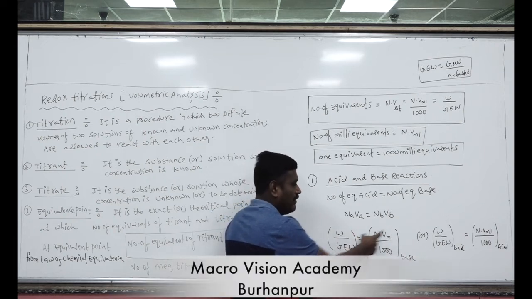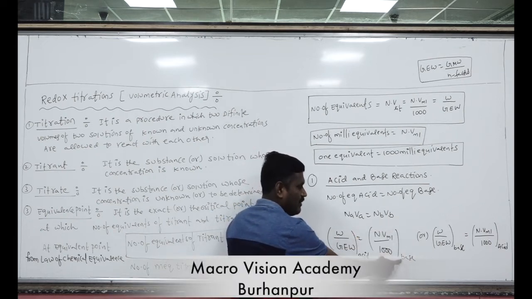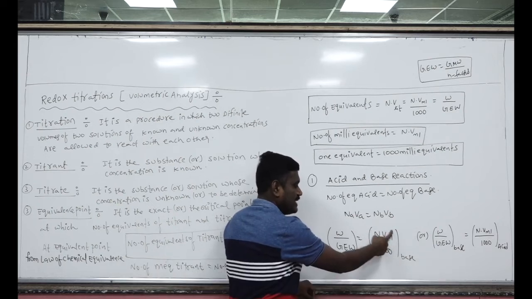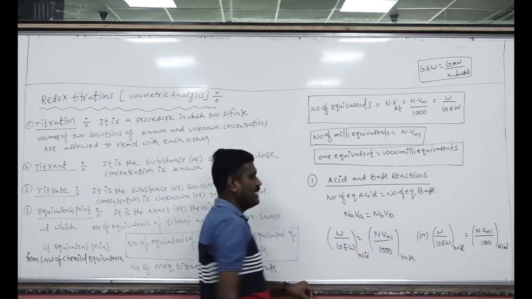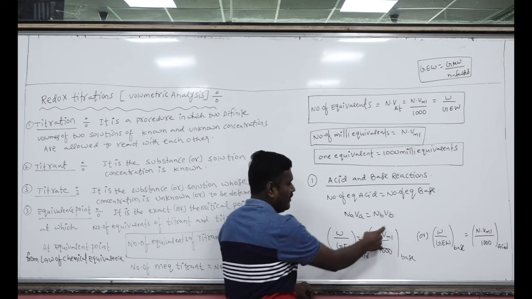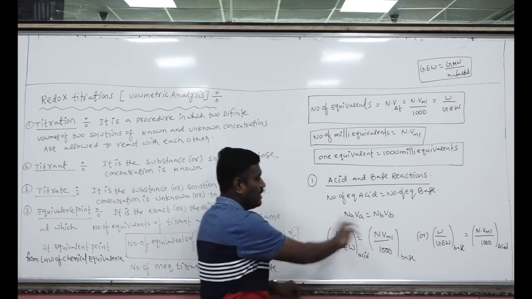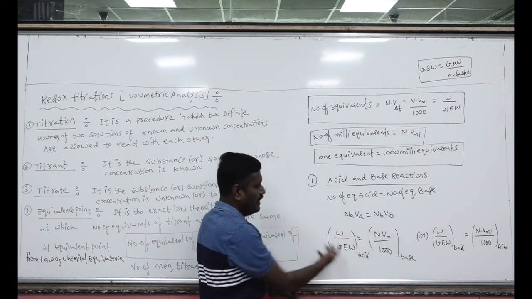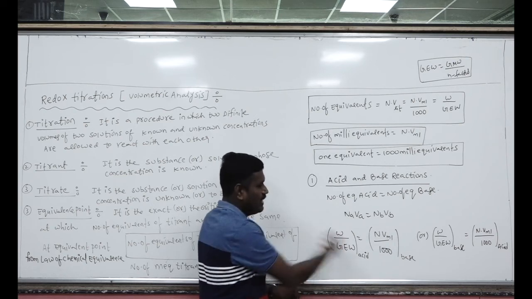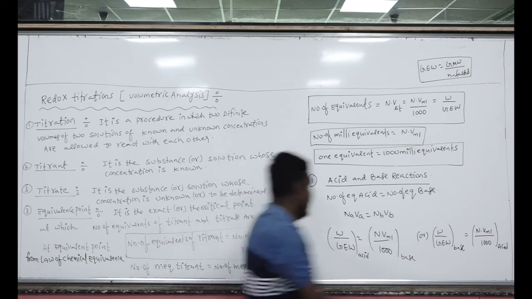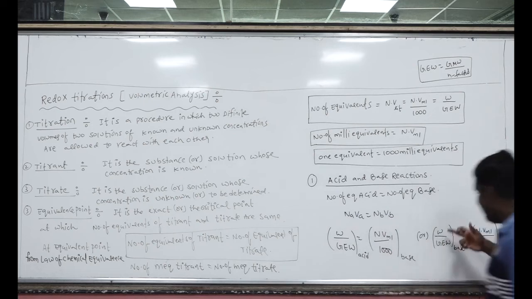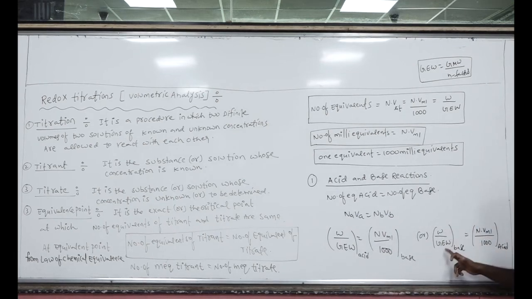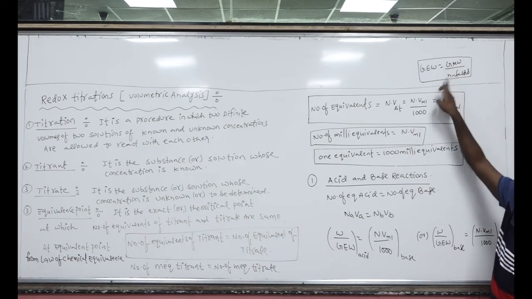Normality given to you, we can find the volume of a base, or if the volume of a base is given, we can find the normality of a base. Yes or no? 1, 2, 3, 4. There are 4 variables. Out of these four variables, if you know any 3 variables, we can determine the 4th variable. Yes or no? In case of acid, if the weight of the base is given to you, the equivalent weight of a base we have to calculate with the help of molecular weight upon N factor.